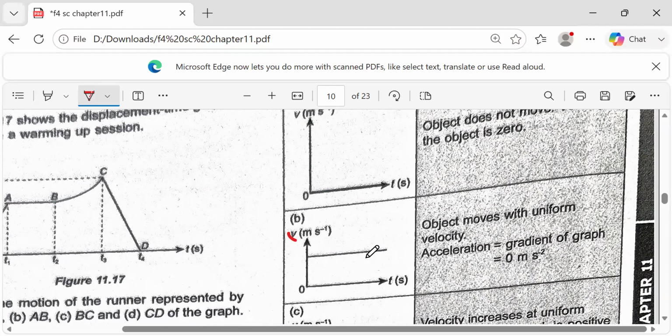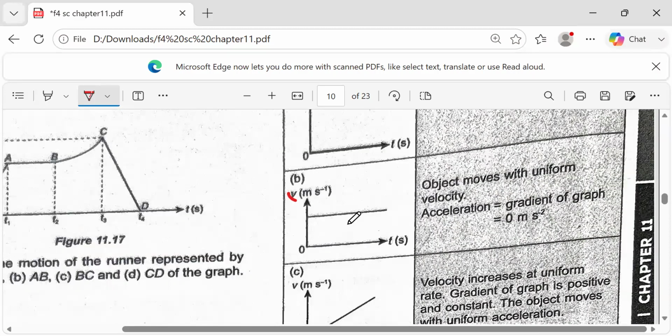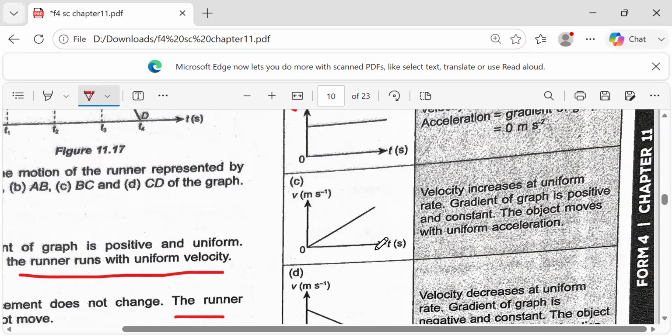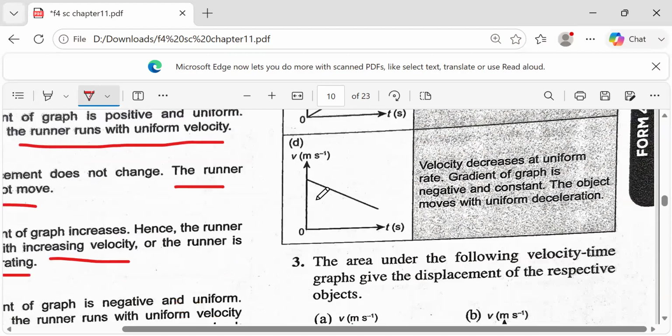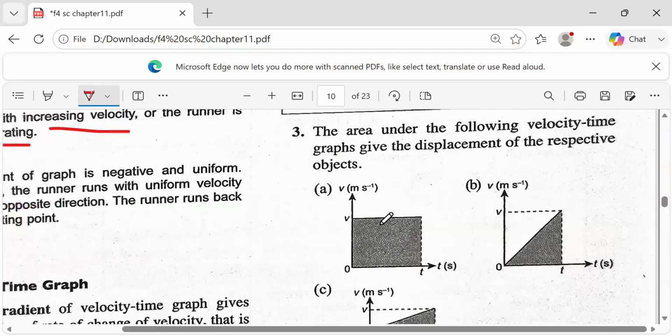It's just that 它是 uniform movement. This one is accelerating, 越来越快。This one is decreasing. That means 它越来越慢。Okay? The area under the graph is 这个是我们刚才算的地方。The area under the graph is the distance. Alright?